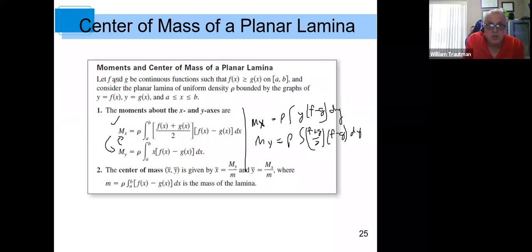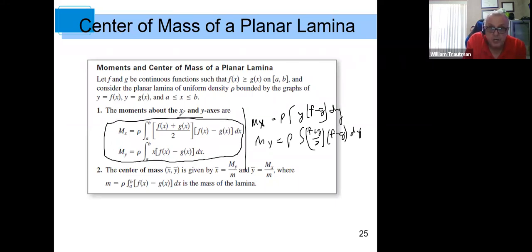So these are the correct formulas, but if you change your integration from respect to x to respect to y, these two switch. This is with the dx, and these are with dy. You see how they just interchange each other. You could just switch these two when you do dy.